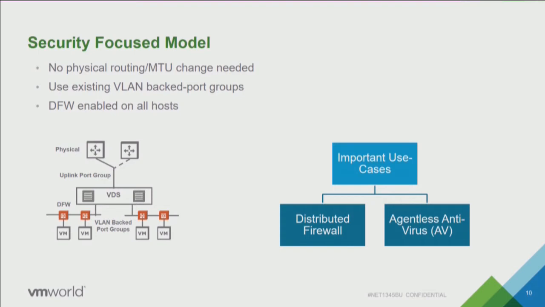The antivirus is being pushed to the ESXi host. Your ESXi host is responsible for scanning those virtual machines for antivirus or anti-malware protection. You have seen so many attacks recently, like the WannaCry attack and so many other attacks. And this is the technology that you can use even today, right now, to protect your workload. That is why it is so important and powerful, and it's so easy to deploy.